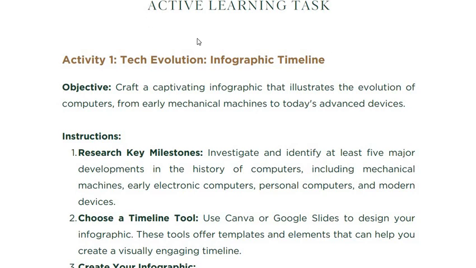So, our objective here, you have to craft a captivating infographic that will illustrate the evolution of computers. So, from early mechanical machines to today's advanced devices. So, from our discussion, you have to make an infographic based on the evolution of computers nga discuss natin.